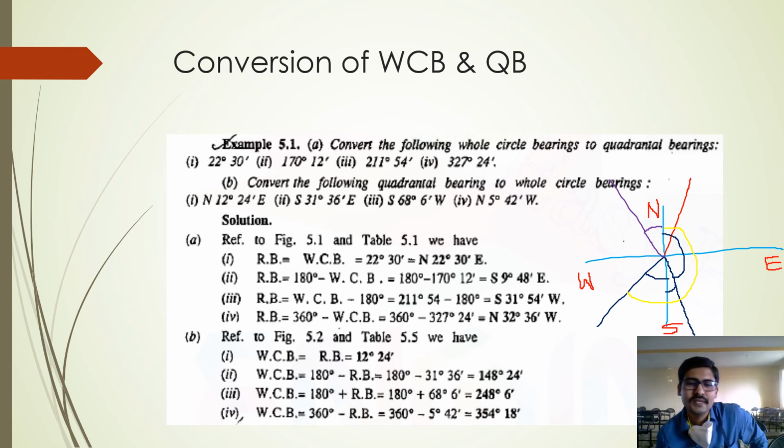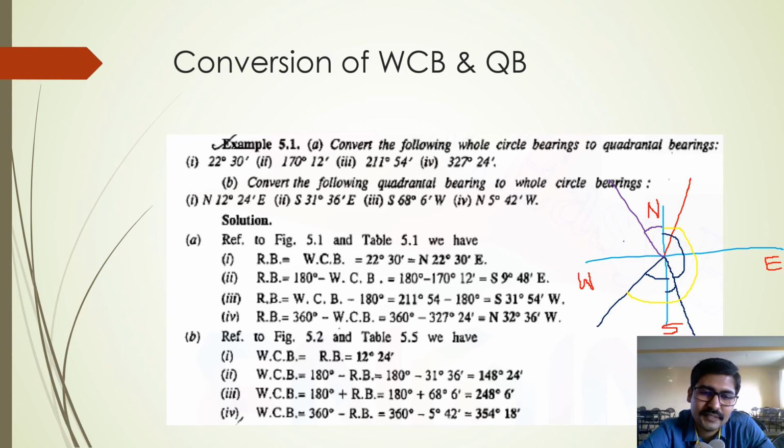In a similar way, if the bearings are given in the quadrantal bearing system, how to convert them into the whole circle bearing system is another example given below. In that, the first one is north 12 degrees 24 minutes east, northeast. So 12 degrees 24 minutes means it makes 12 degrees 24 minutes with the north line, right?